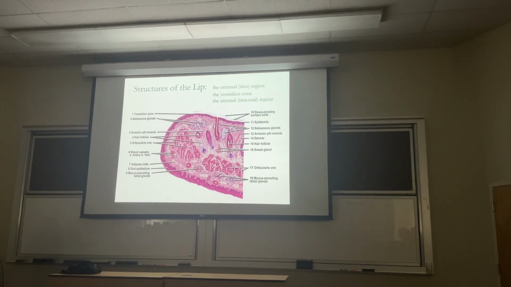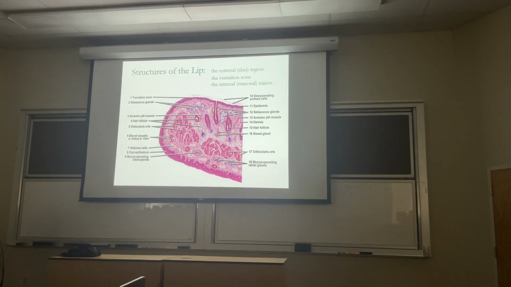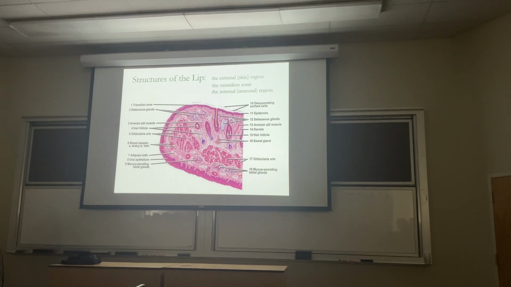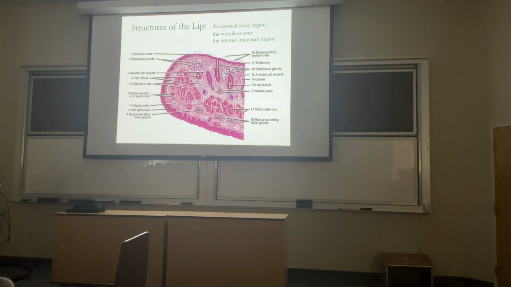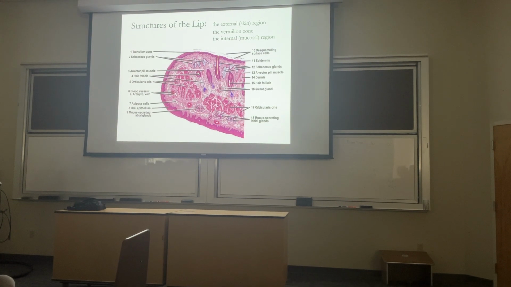Here on this external region, we see hair follicles, a number of them. We see sebaceous glands, oil glands. And of course, we can also find sweat glands and sweat gland ducts.